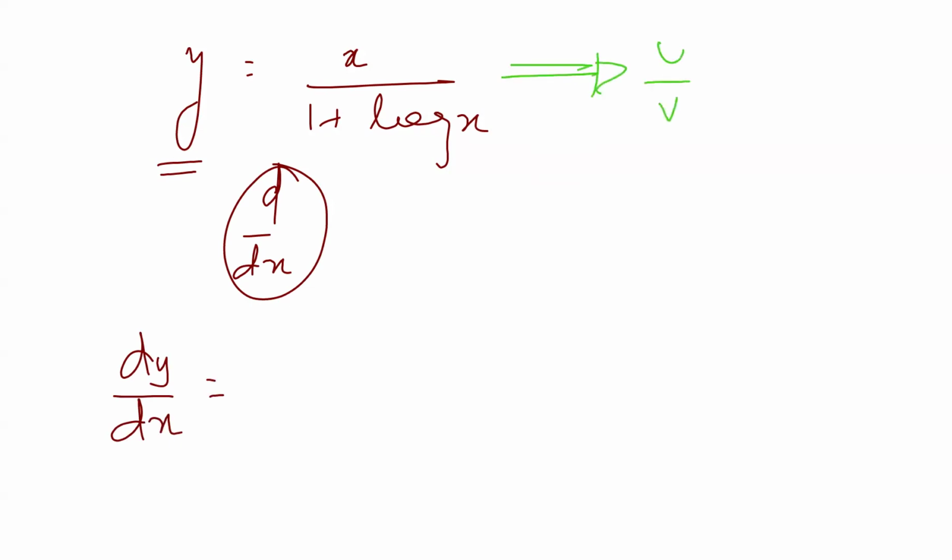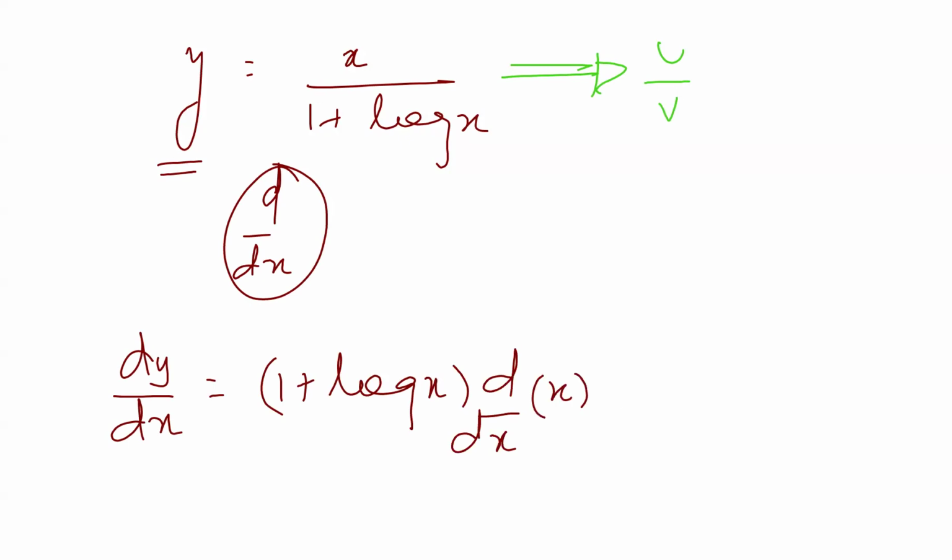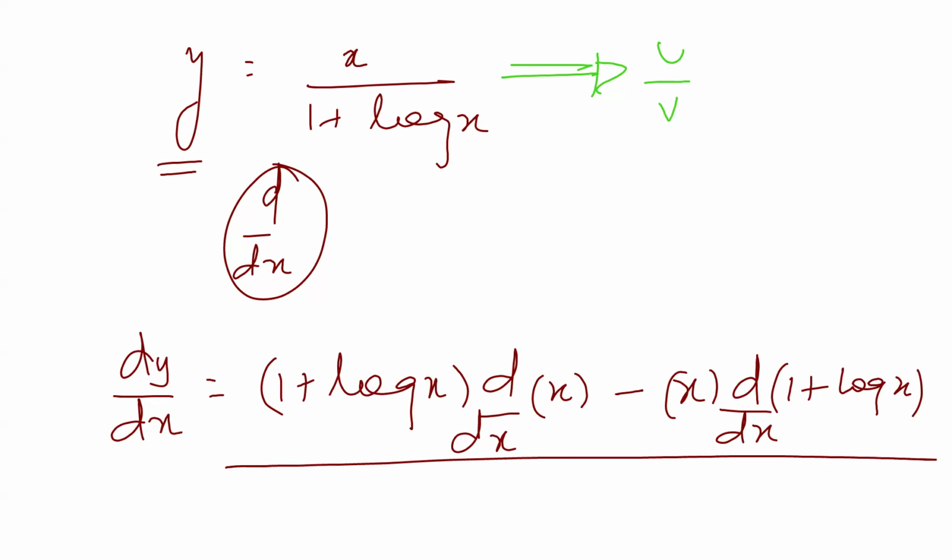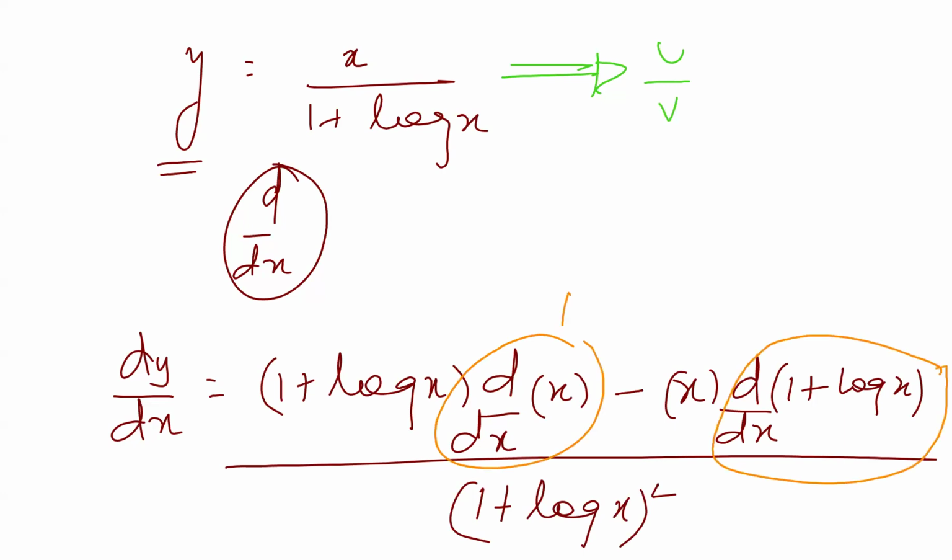So I'll write v d/dx of u minus u d/dx of v, upon v square. d/dx of x is 1. d/dx of 1 plus log x: the derivative of 1 is 0 and the derivative of log x is 1 upon x.